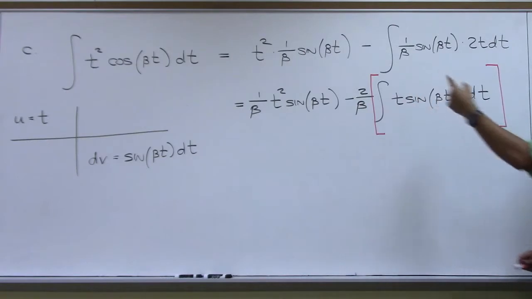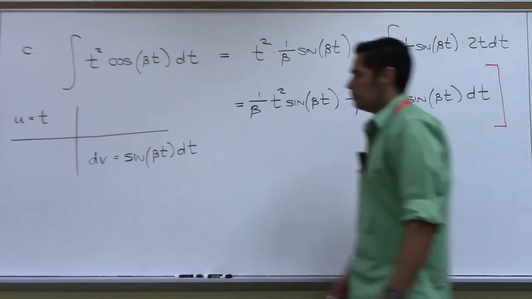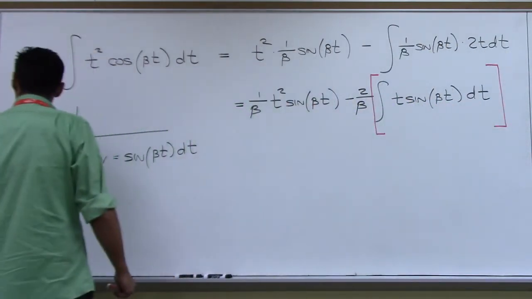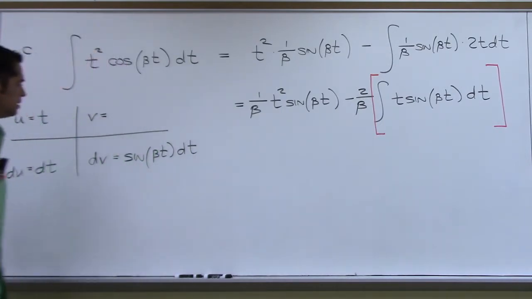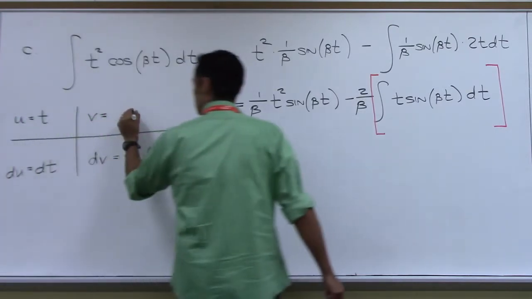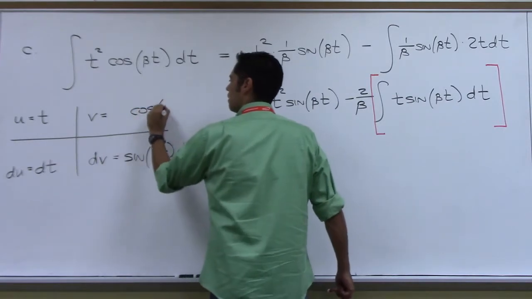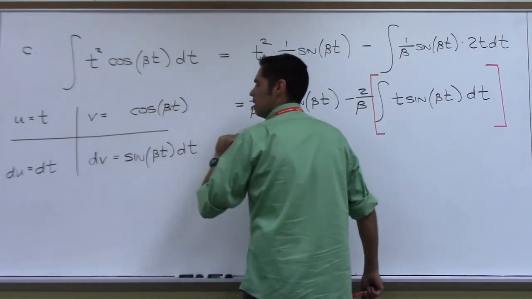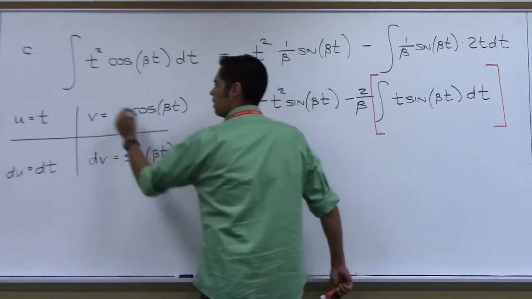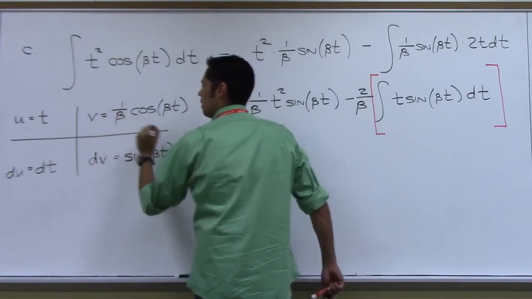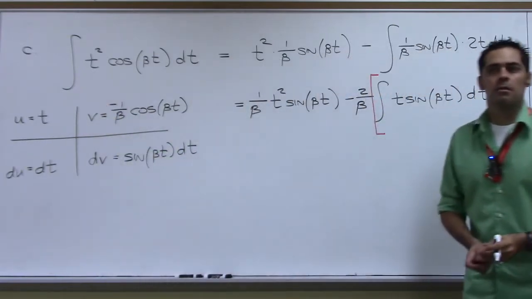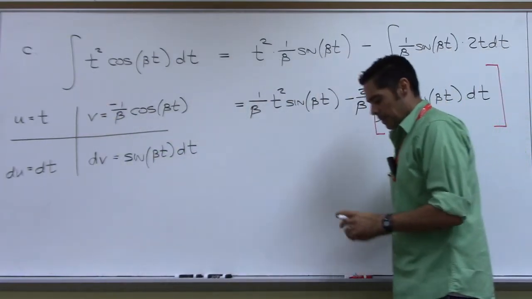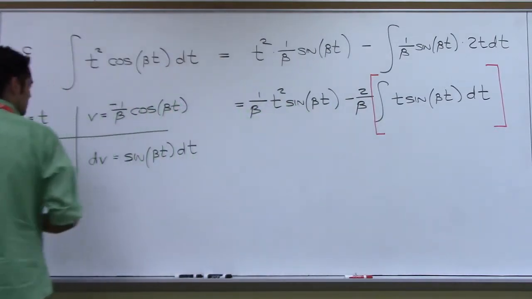Differentiate down, integrate up, right? du is dt. v is going to be negative cosine, cosine times 1 over beta. One more thing, negative. There we go.